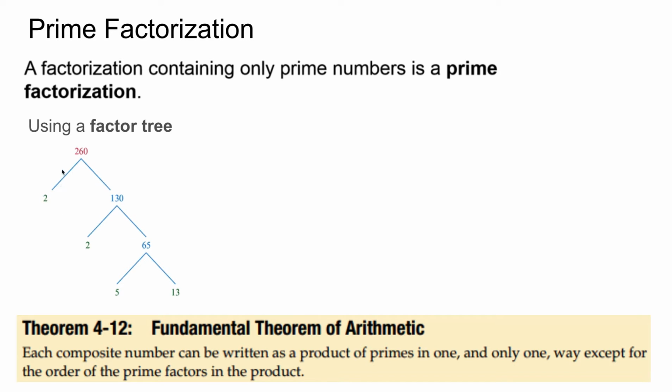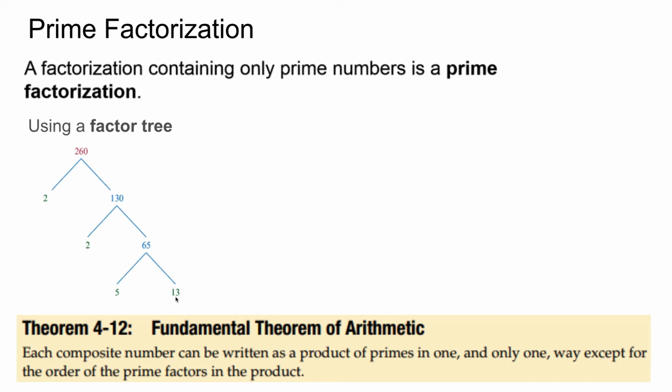Okay, so first, we can do 2, and 2 times 130 makes 260. 130 is not a prime number, so keep going. 2 times 65 makes 130. 2 is a prime, 65 is not. So continue. We are done with 2, so move on to 3. No, it doesn't work, but it is divisible by 5. So 5 times 13 makes 65. And hey, 5 and 13 are both prime numbers.